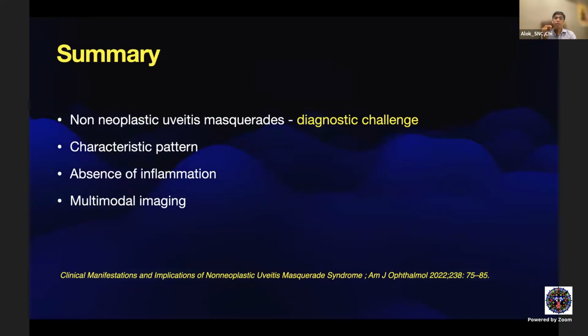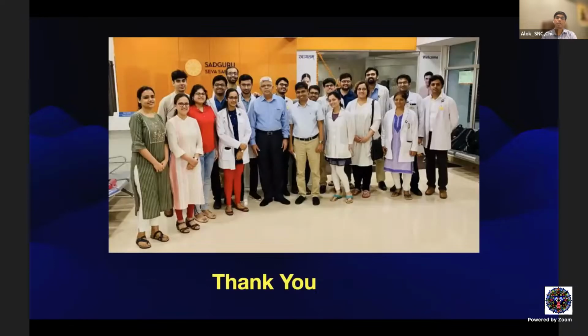Absence of inflammation in these cases is the key to diagnosing non-neoplastic masquerades. But as I've shown, some of these patients may present with uveitis as well. And of course, multimodal imaging will help you in making the diagnosis in some of these cases.